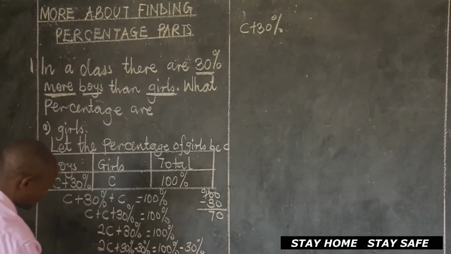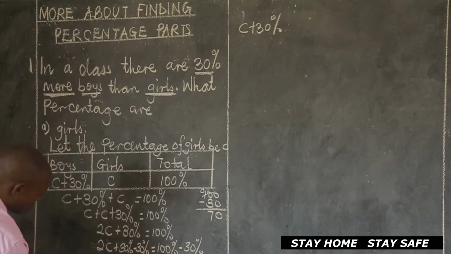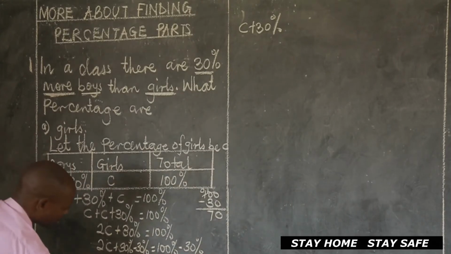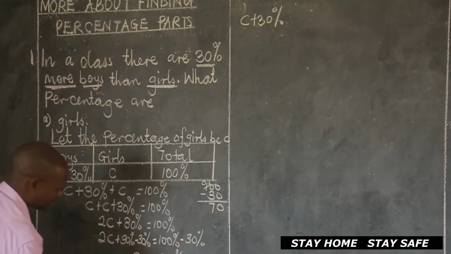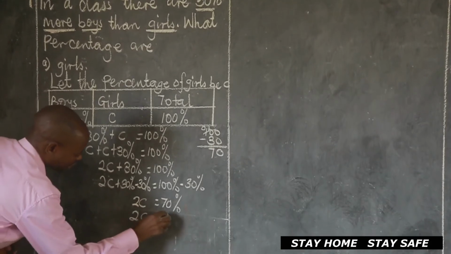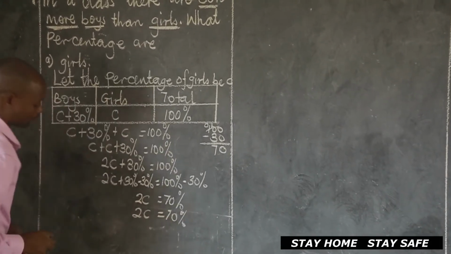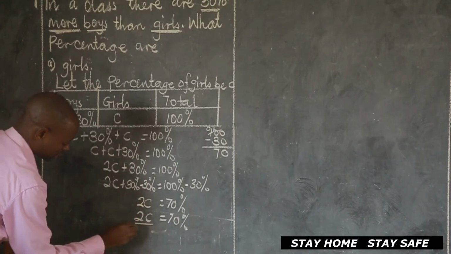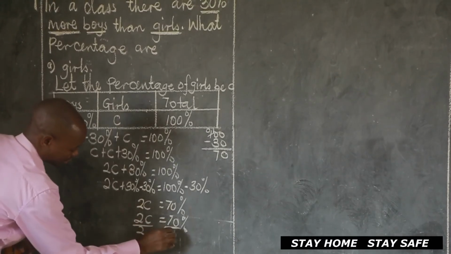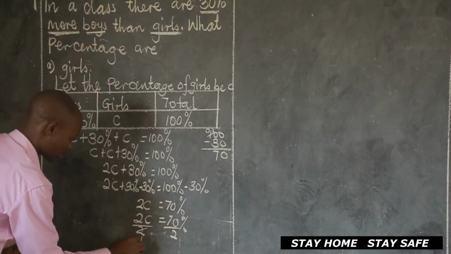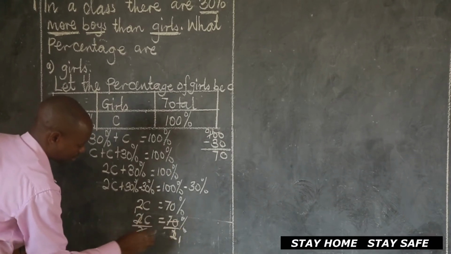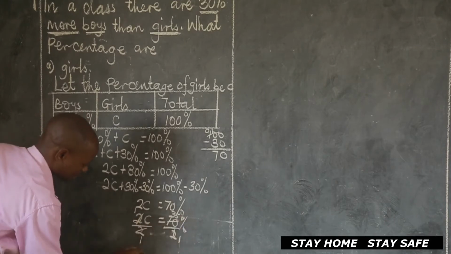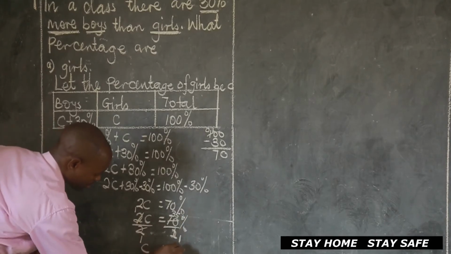This one is 2C. That's why you should always check. So we have 2C is equal to 70%. To get the value of C, we have to divide here by 2, even here by 2. By 2 is 1, then 70 divided by 2 is 35. So C is equal to 35%.